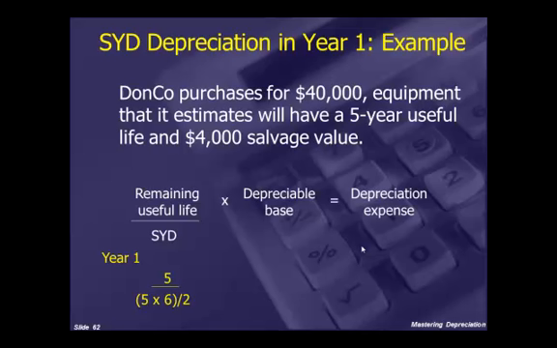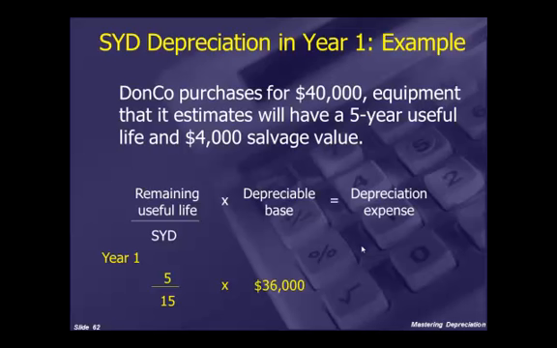So n plus 1 is 6. So it's 5 times 6, or 30, divided by 2. So 30 divided by 2 is 15. So we're going to have 5 divided by 15 times the depreciable base, and the depreciable base is where we take the cost of 40,000, subtract the salvage value of 4,000, and that gives us a depreciable base of 36,000.